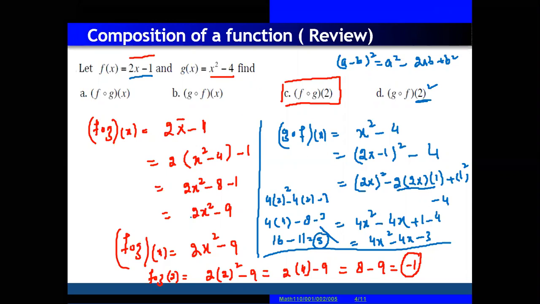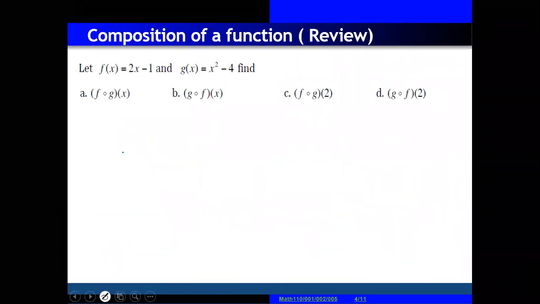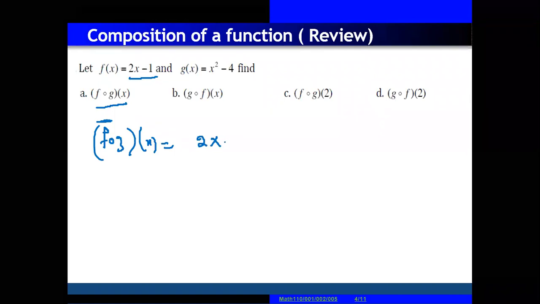Okay. Yes, I can explain. First one, again listen. f of g of x. So write down f of g of x, and then we need what? The first function. The first one is f. So write down the f function. We have 2x minus 1. This is the f function.